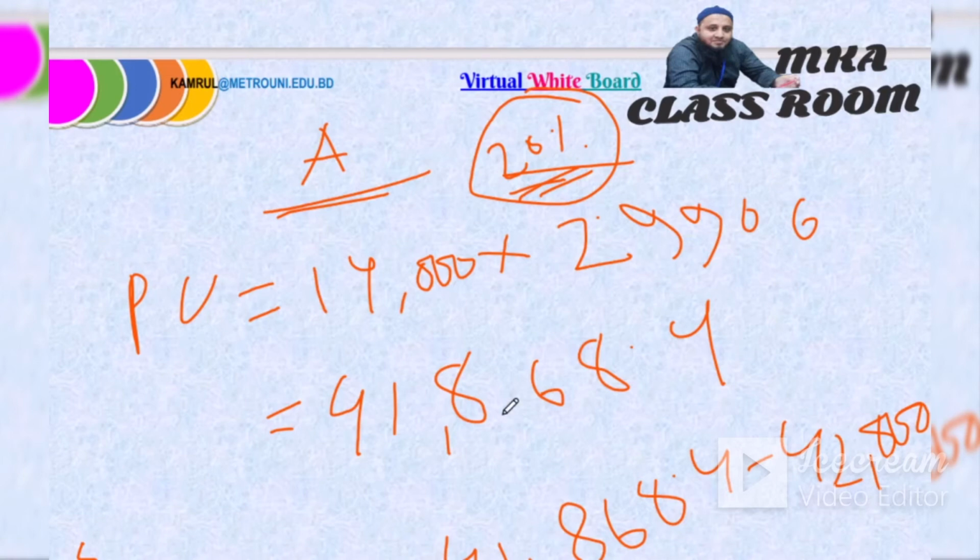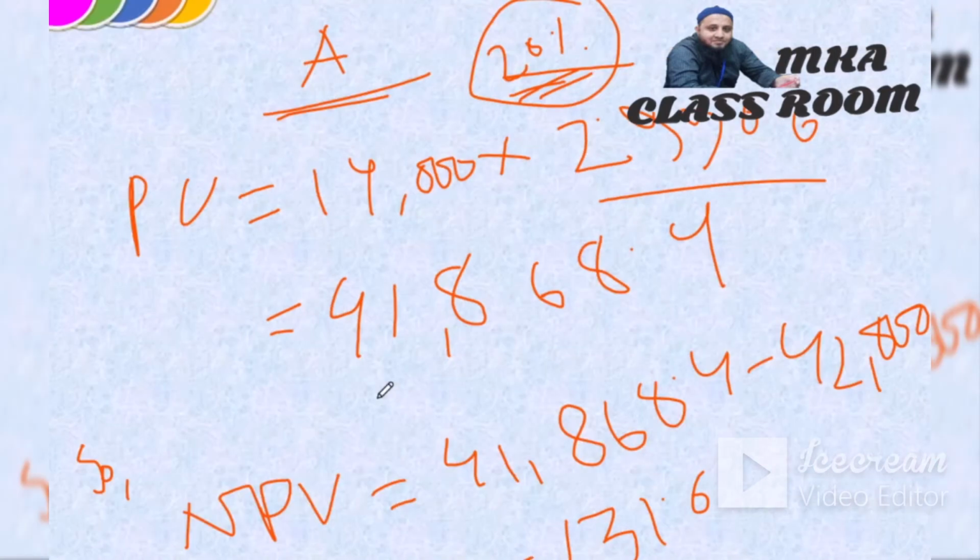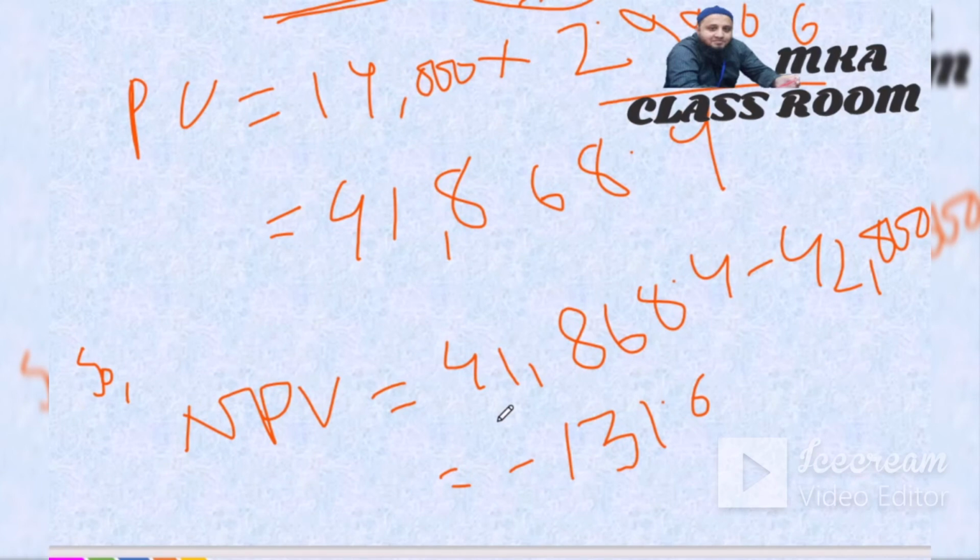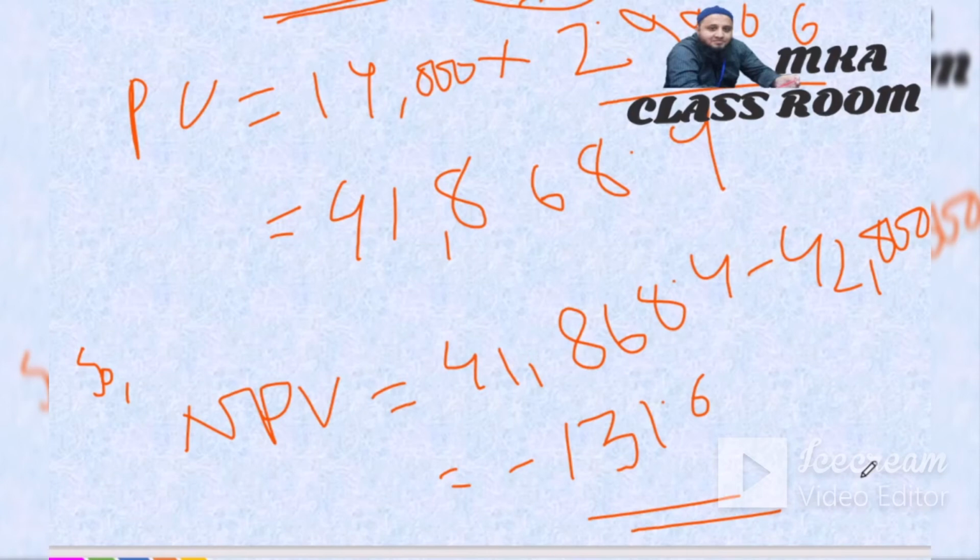If we multiply this, we find 41,868.4. So our NPV is total present value 41,868.4 minus our initial investment 42,000. Then we find negative 131.6 taka as our NPV.